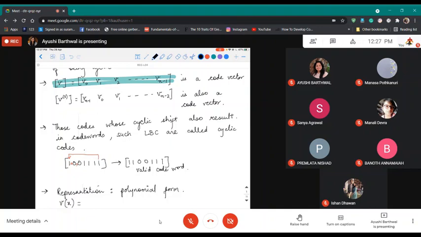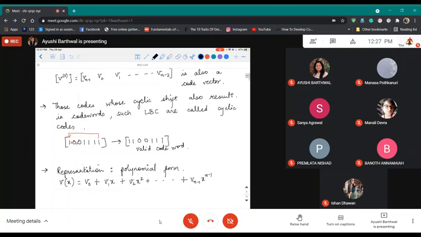Vx is equal to V0 plus V1x plus V2x squared and so on up to Vn minus 1 x to the power n minus 1. So this is your code vector, and therefore this is called code polynomial.